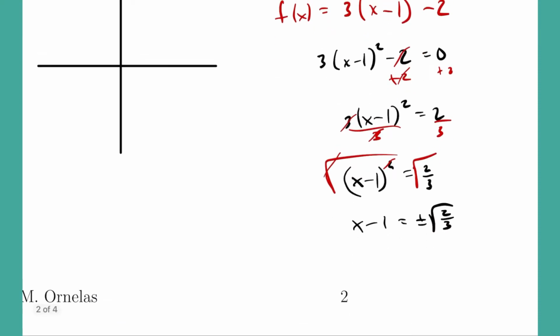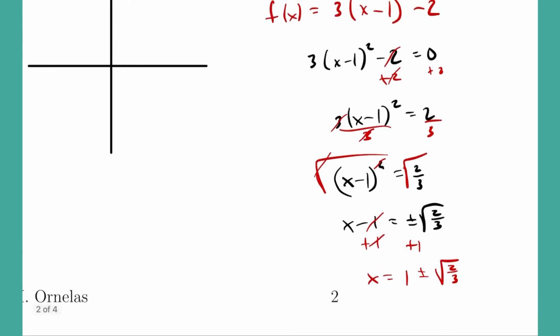Plus minus radical 2/3. And then finally add 1. So let's get the decimal approximation. Let's do the plus 1 first. I'm getting 1.86. I'll just call it 1.8. And then if I do the subtraction one, I'm getting 0.18.